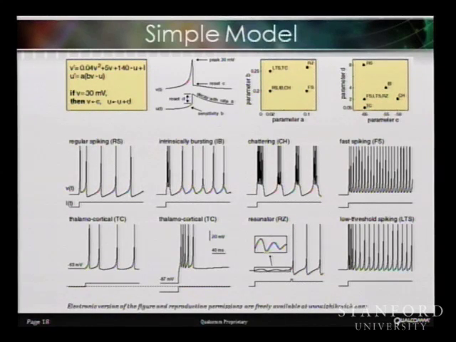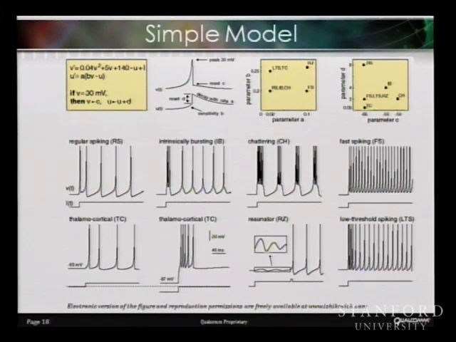By changing that, you can get the spiking behavior of this model to match that of a biological neuron to a very high degree of precision. So a very simple computational model seems to abstract away all the ion channels and everything that's going on.